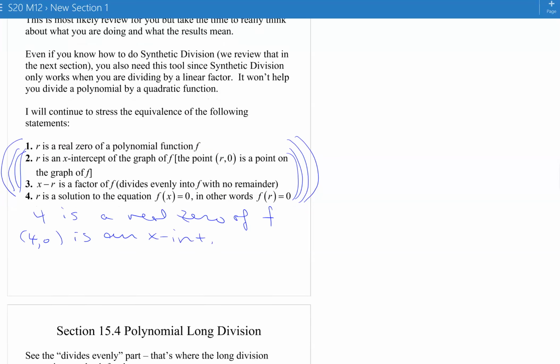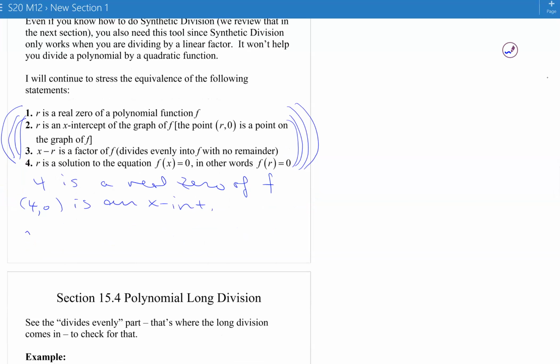So if you were trying to graph, that would be really helpful information. It means x minus 4 is a factor of the polynomial. That means it divides evenly into f, and that also means that the quotient is another factor of f. And then we also know that f of 4 equals 0.